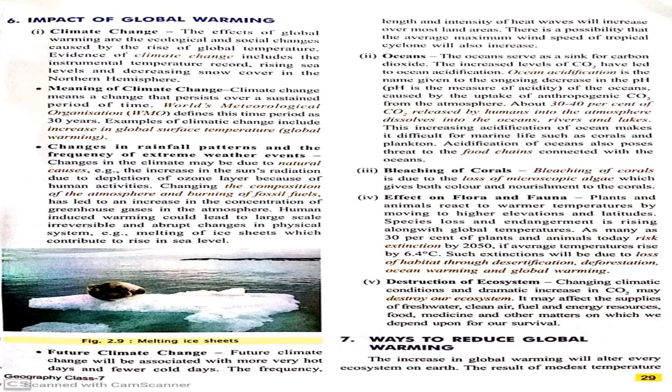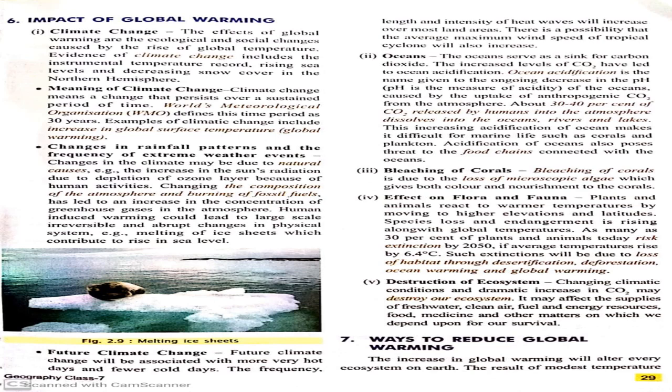So what are the different reasons for such species to become extinct? It is desertification, deforestation, ocean warming, and global warming. These are some of the reasons for the extinction of some species on Earth by 2050.